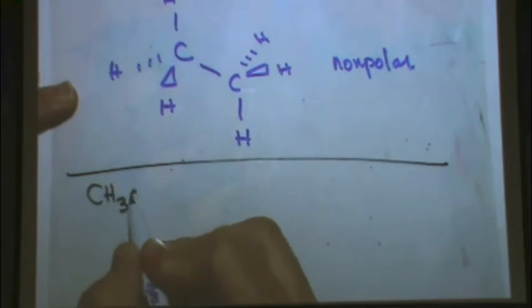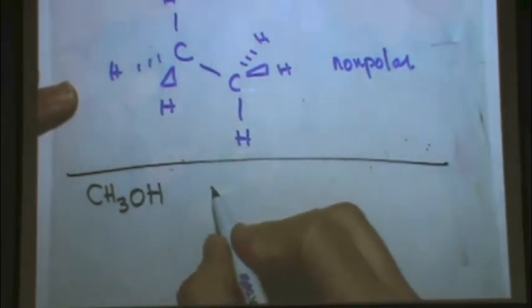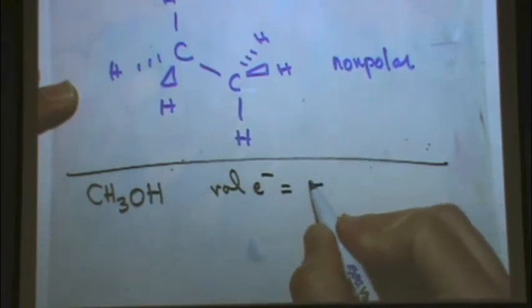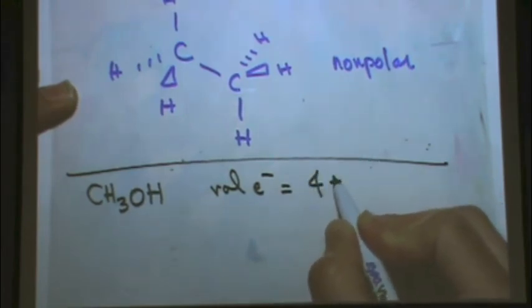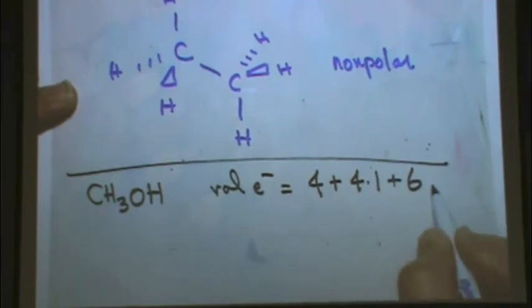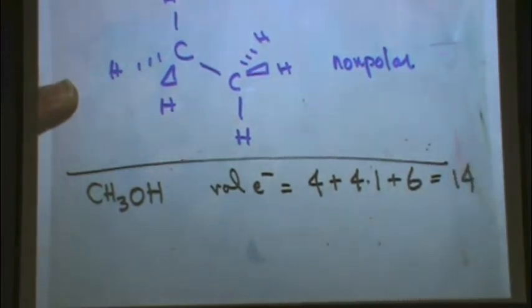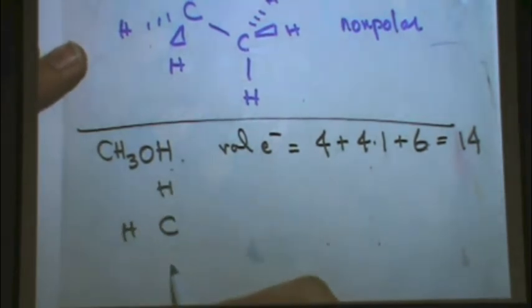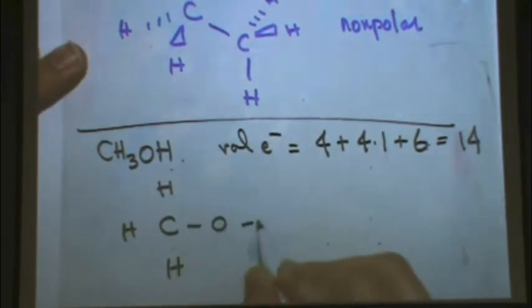CH3OH. Valence electrons: 4 for carbon, plus there are 4 hydrogens in column 1, and there's an oxygen. That's 14. So we've got C with 3 hydrogens and an OH.